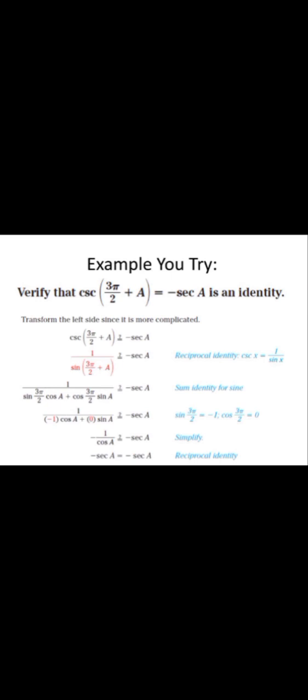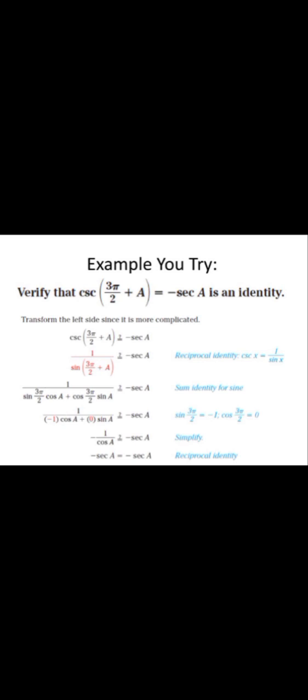Verify that cosecant of 3 pi over 2 plus A is equal to negative secant A as an identity. Transform the left side since it is more complicated. Cosecant of 3 pi over 2 plus A, using the reciprocal identity, cosecant x is equal to 1 over sin x.